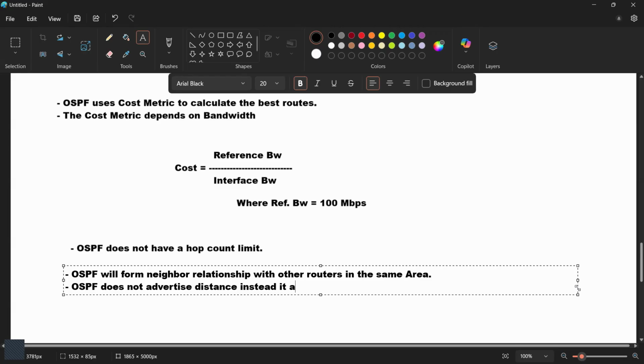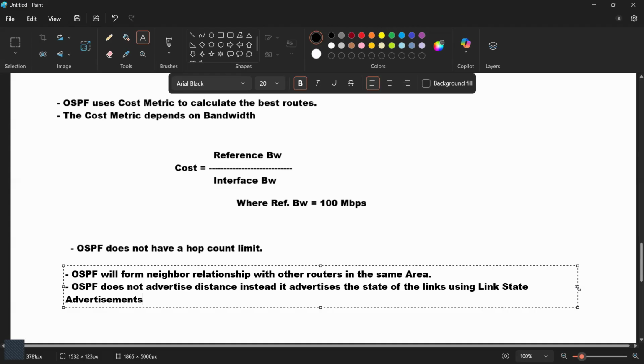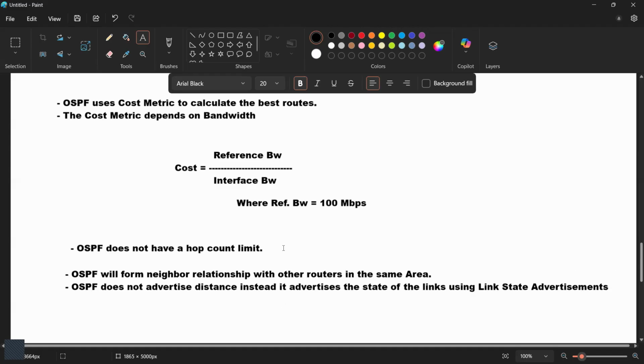Instead, it advertises the state of the links using link state advertisements. So in the case of OSPF, the routing update is known as link state advertisements.